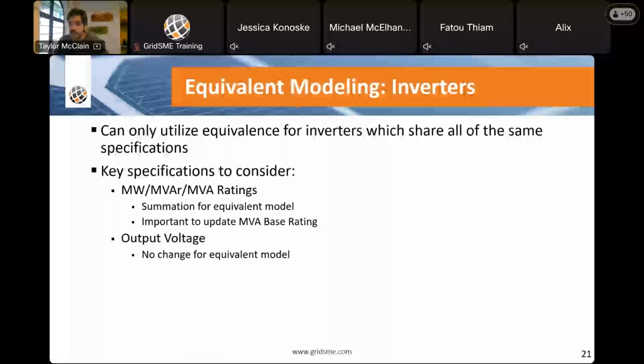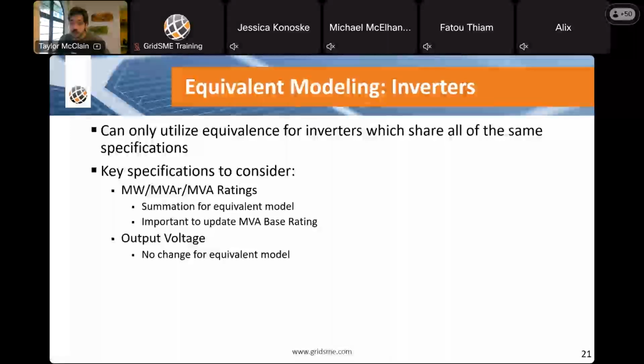Different generators have different dynamic models, and if you were to try and condense two separate inverter types into one single model, you would not be able to effectively capture the dynamic response of those two inverters properly. So you do have to keep in mind that you can only condense inverters as much as they are the same, and further, as much as they are behind the same transformers. So these things all have to be taken into consideration.